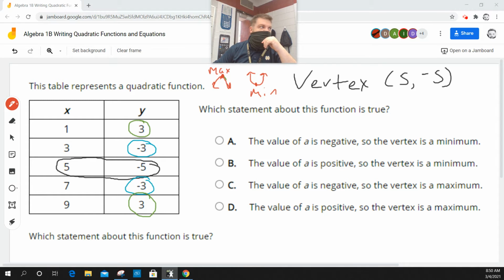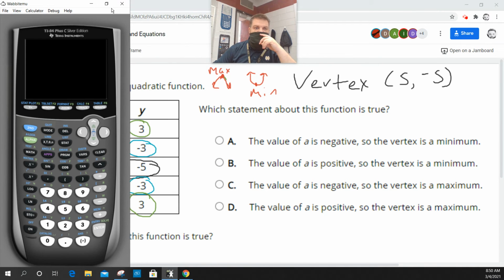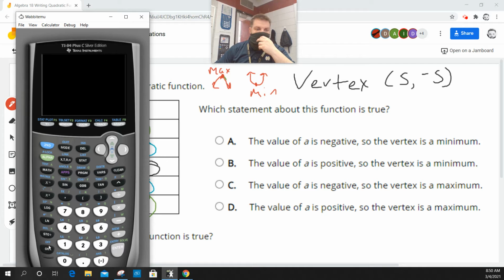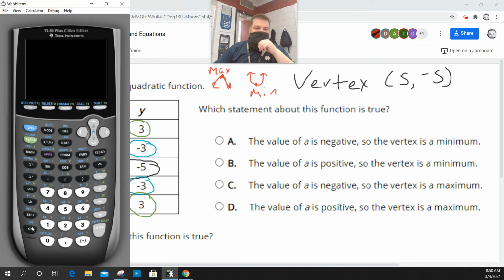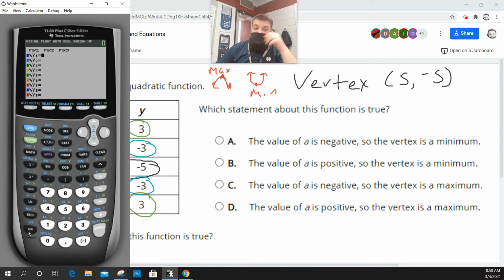So go ahead and get your calculator and turn your calculator on. Okay? And once you turn your calculator on, I want you guys, see this button that says Stat?